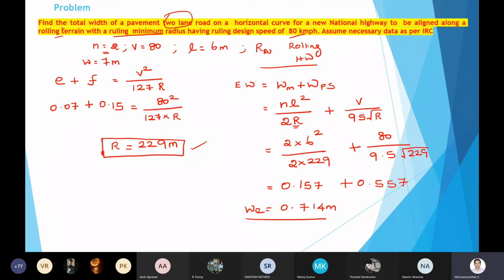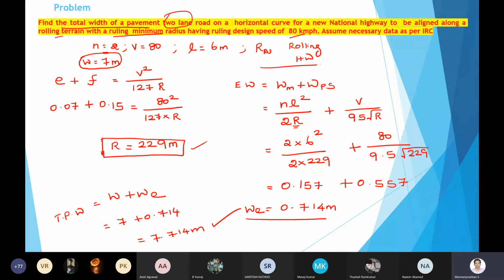But the question is not the extra widening; it is to find the total width of the pavement. So the total width of the pavement is nothing but the width, 7 meter because it is a two-lane road, so W plus We, the total pavement width. So 7 meter plus 0.714, 7.714 meter is the final result.